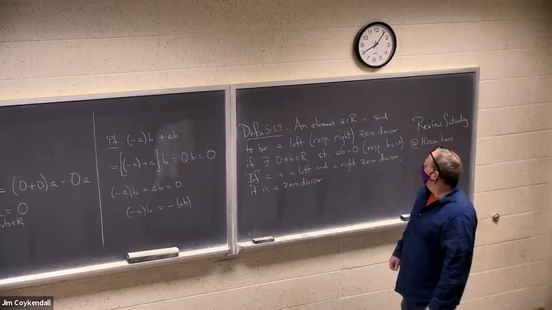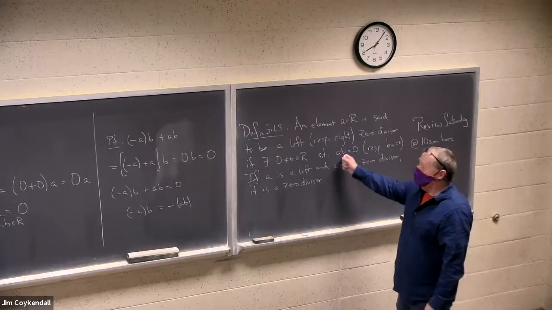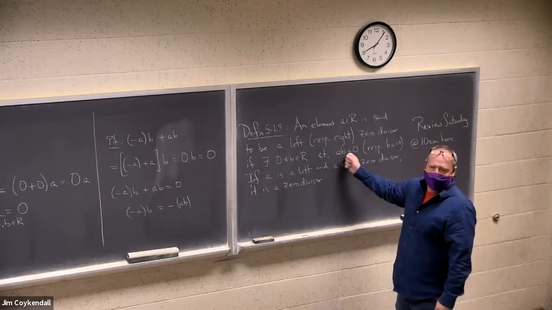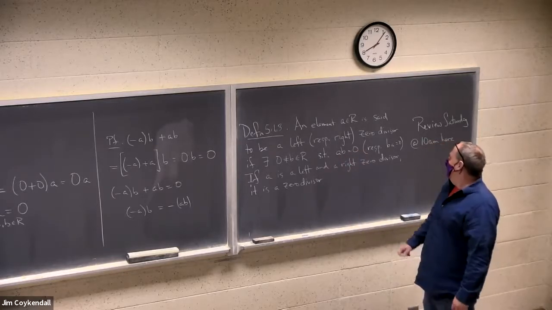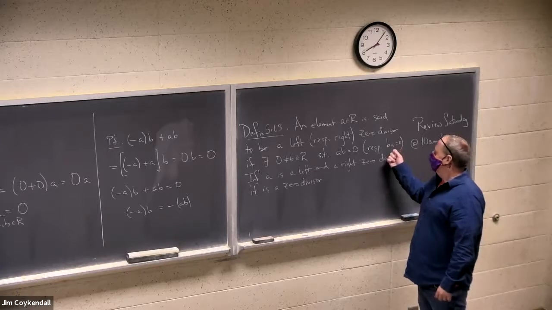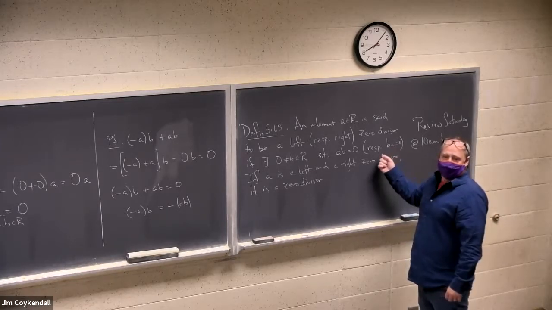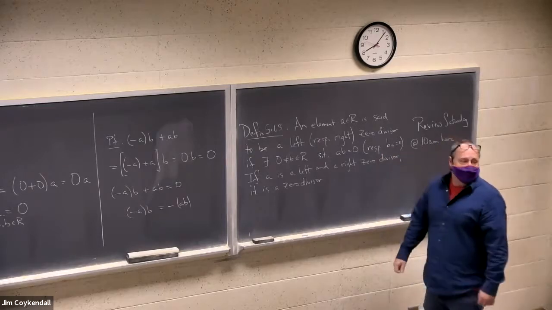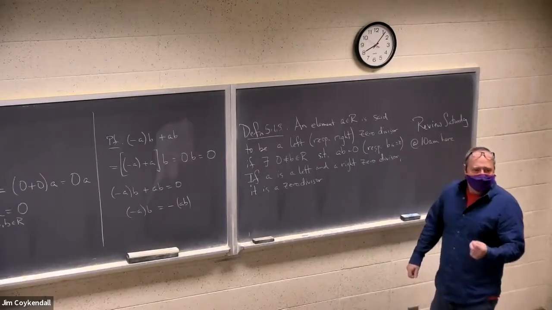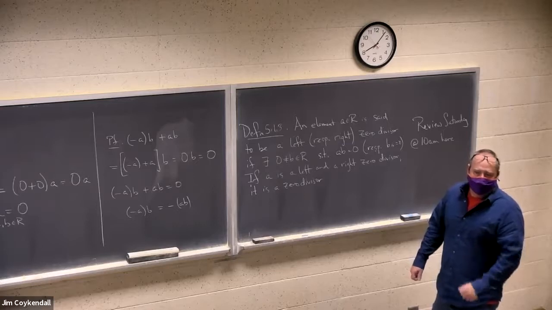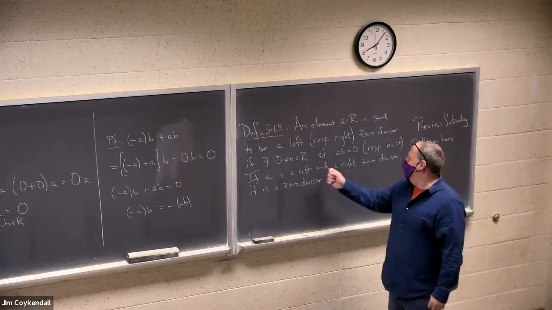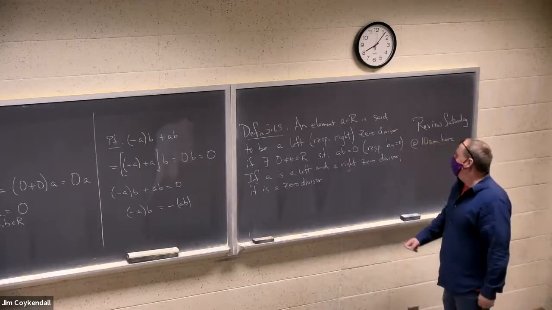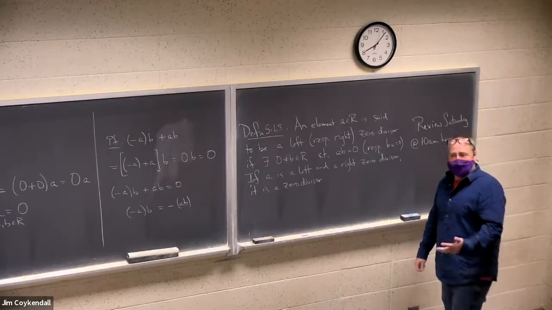What it means to be a left zero divisor is I can hit a non-zero element on the left with this thing and get 0. What it means to be a right zero divisor is I can hit a non-zero B on the right with this thing. If it's a zero divisor, that doesn't mean that you can use the same B from the left and the right. What it means to be a zero divisor is there's a non-zero B such that AB equals 0 and a non-zero C such that CA equals 0. It could be different.